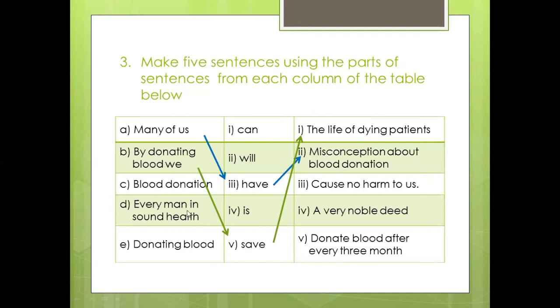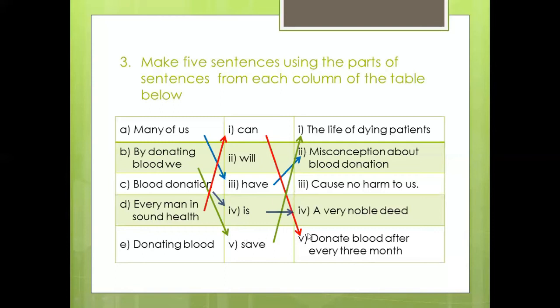And then number 3, blood donation is a very noble deed. Number 4, every man in sound health can donate blood after 3 months. See, for the verb can, we use the base form of verb. That means our verb will be used in actual form of it without adding any d, ed, or s or es.